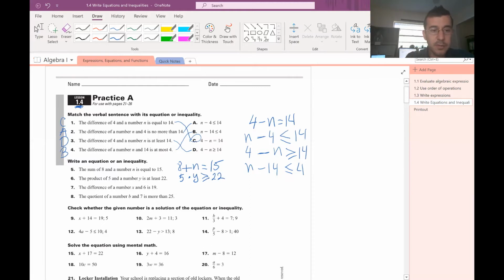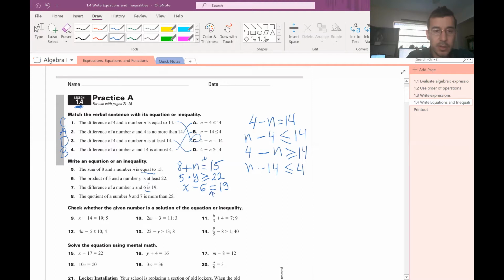Number 7, the difference of a number x and 6 is 19, right? The difference of x and 6 is 19. When you see is or equal to, that means equal sign, right?